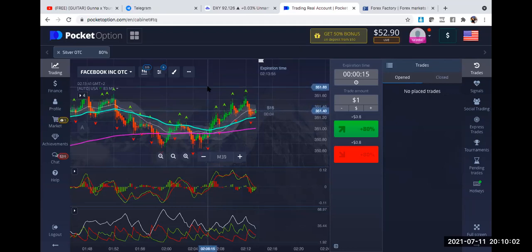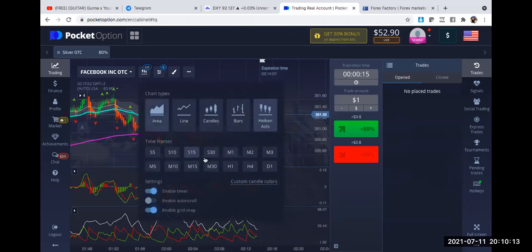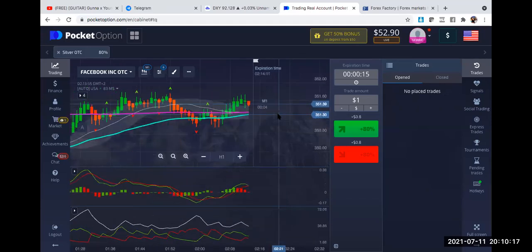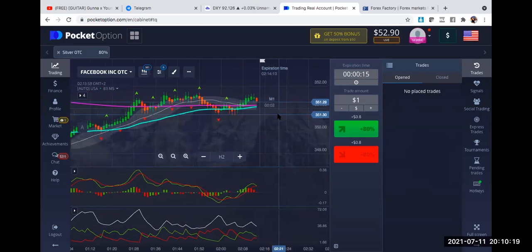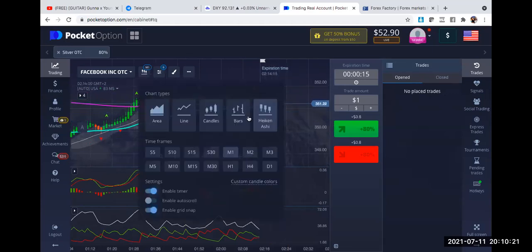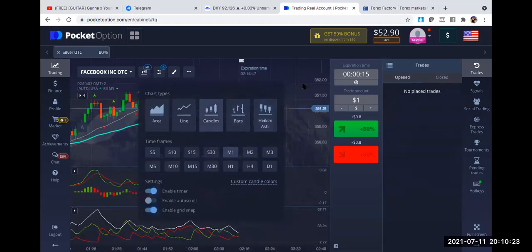So I'm looking at the S15 chart, and that's if I was gonna do some 15-second trades. But regardless of whatever, we would at least bust it down to the 1 minute. And let's put some regular candles on there for a second.